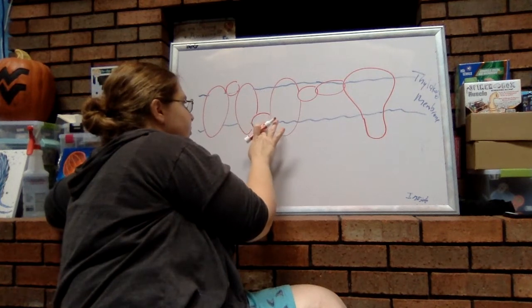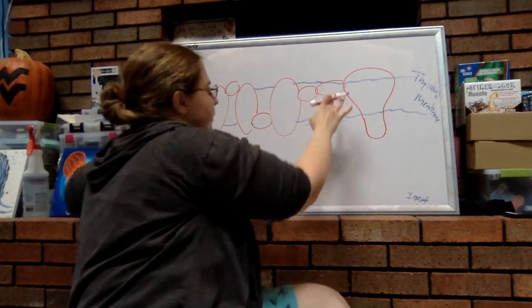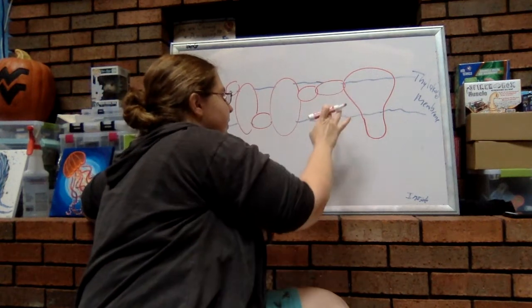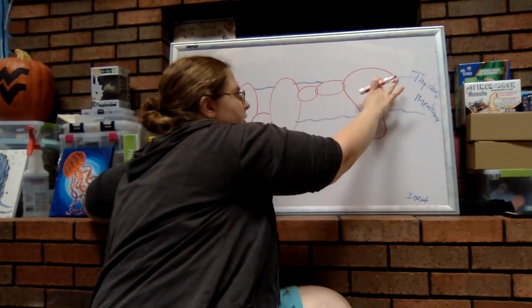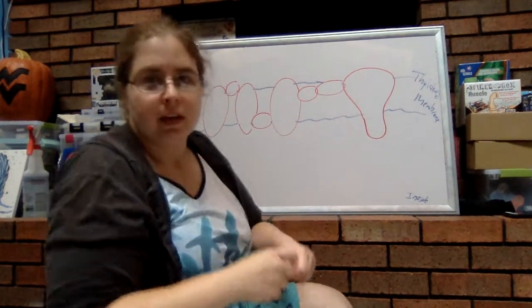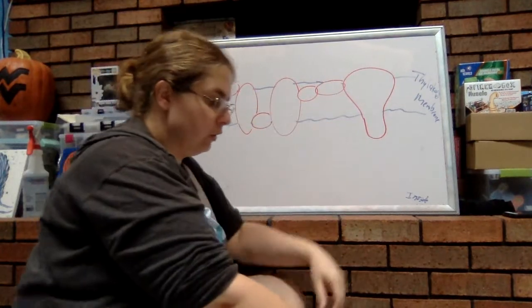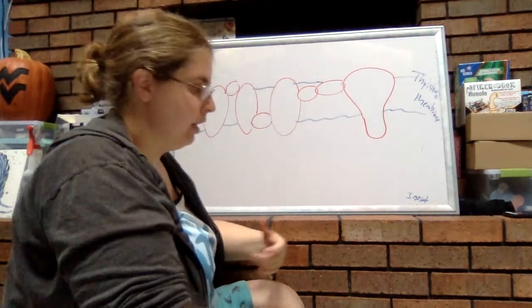Now, is this exactly perfect? No. But hopefully it'll help you understand a little bit about this, and at least provide you with a visual. So this is the thylakoid membrane. We have these particular proteins here.